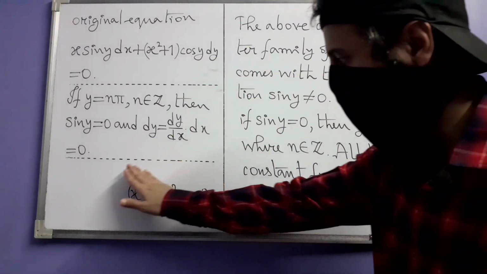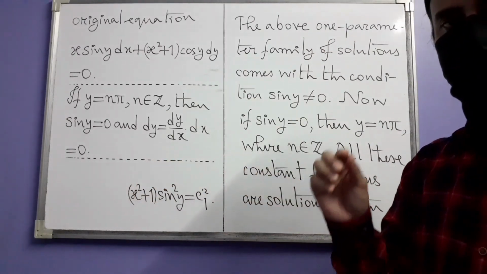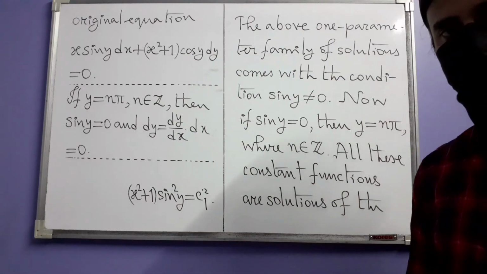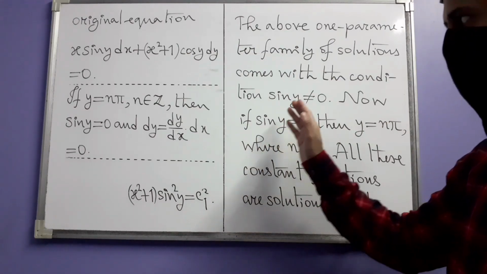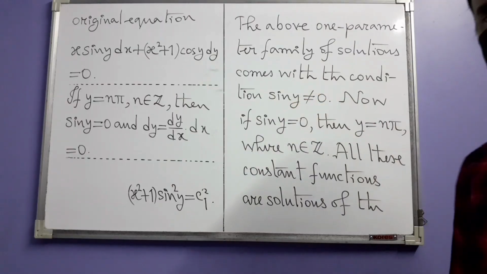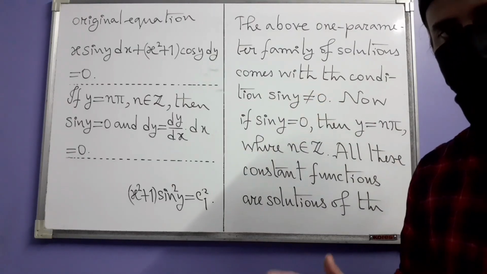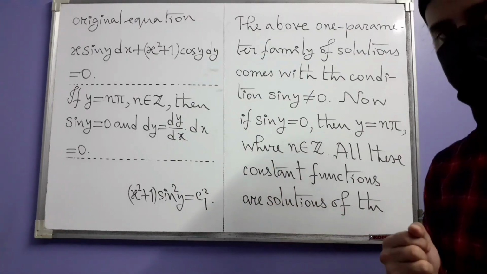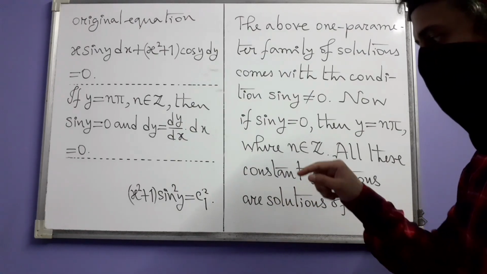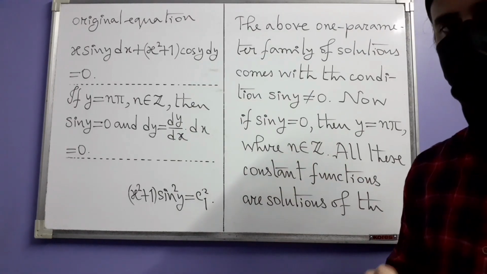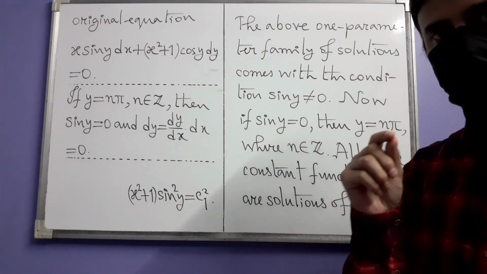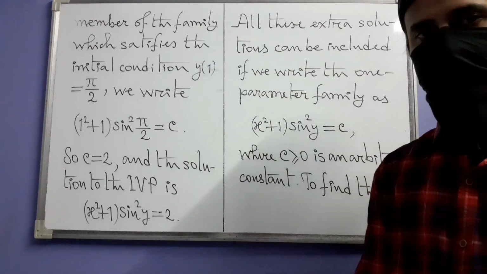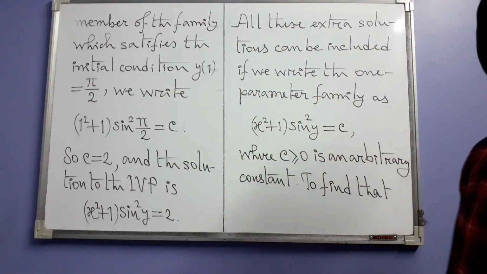So we can regard this itself as the one parameter family of solutions of the original differential equation, where we no longer have this type of restrictions and everything has been taken into account. But that's of course not the end. We still have to find that specific C1 for which y of 1 will be equal to pi divided by 2. So we write like this, what I said just now.